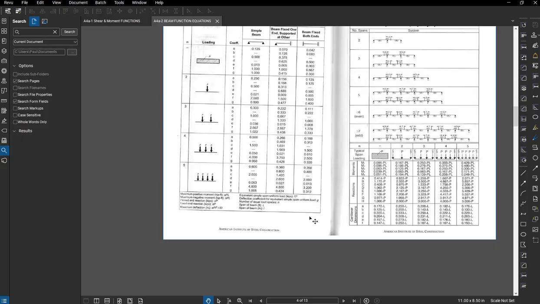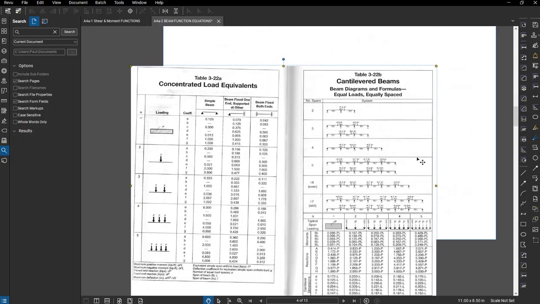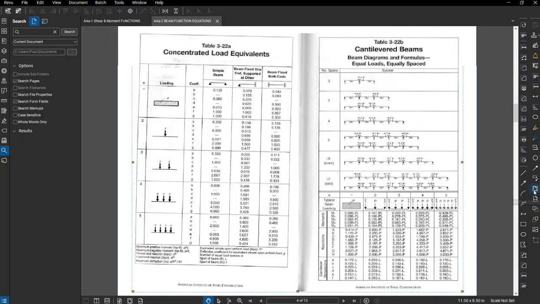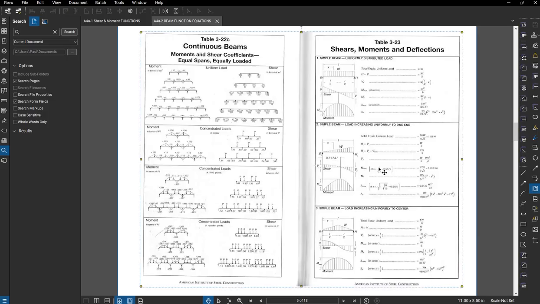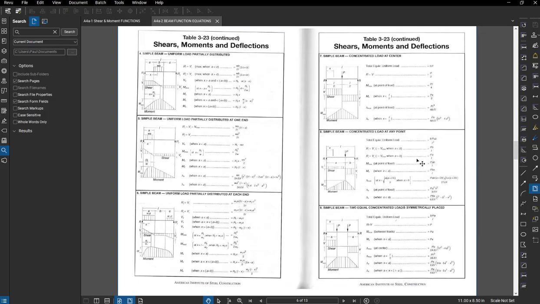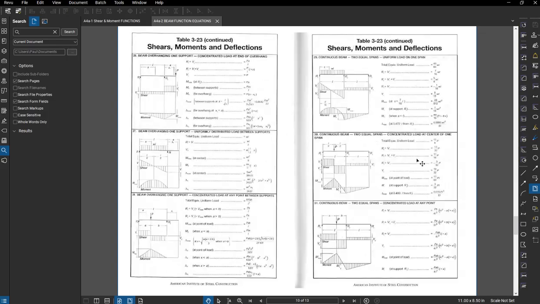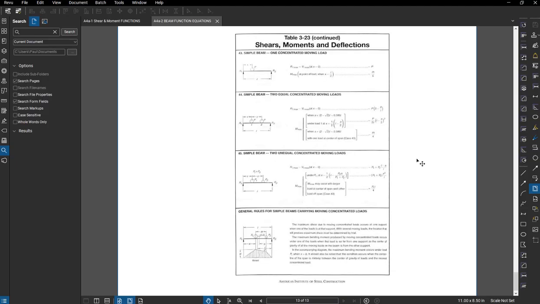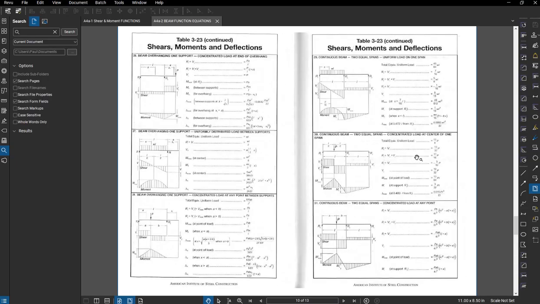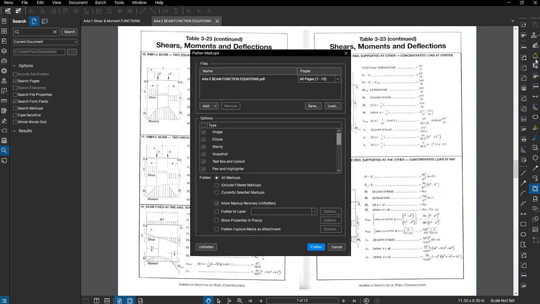Here are some tables out of the Steel Manual. And these are pretty extensive. Those are nice and helpful. And I don't recall if, yeah, that's all I've got in this PDF. I'm going to flatten that guy.